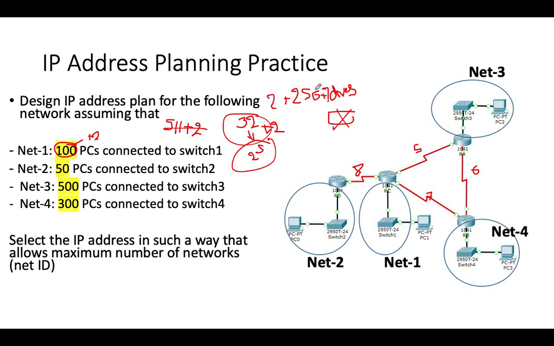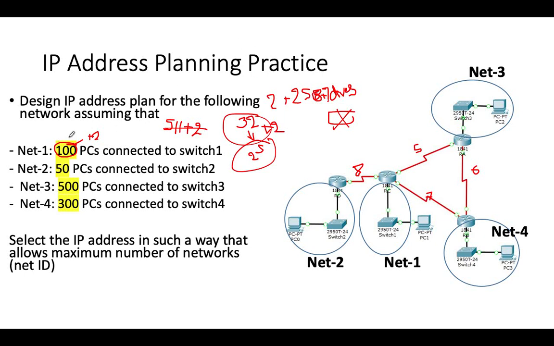I need to add 2. So I need 258. This is one of the tricks in Cisco exams. However, in your case we give you simple numbers only, but just to understand the concept, you need to add 2 in your head: 1 for the network ID, 1 for the broadcast.